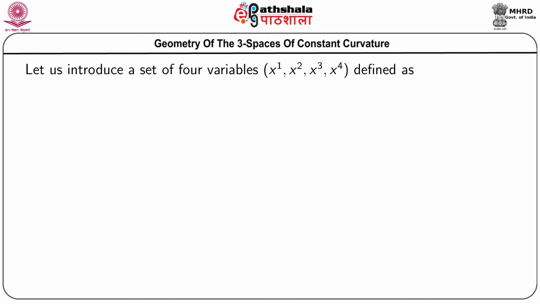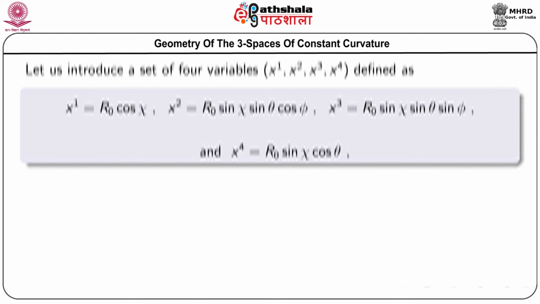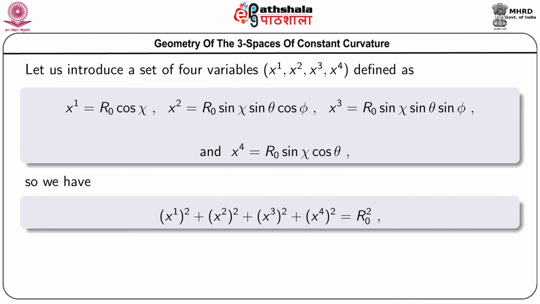Now, let us introduce a set of 4 variables x1, x2, x3, x4 defined as x1 equals r0 cos χ, x2 equals r0 sin χ sin θ cos φ, x3 equals r0 sin χ sin θ sin φ, and x4 equals r0 sin χ cos θ. So, substituting these values, we get x1² plus x2² plus x3² plus x4² equals r0².